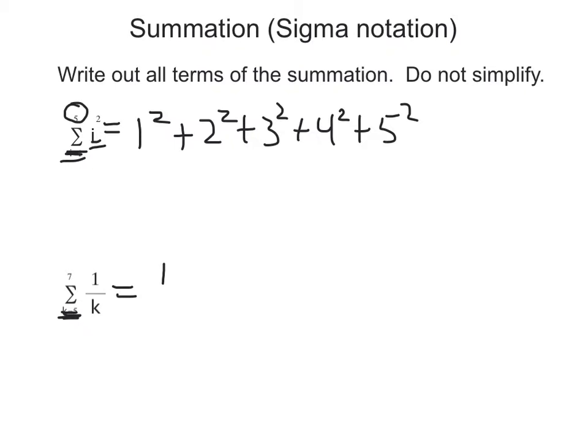To represent what this summation is, 1 over k starting with 5, then 6, and then 7 being our upper limit, that summation would be written as these 3 fractions. Questions on the summation notation?